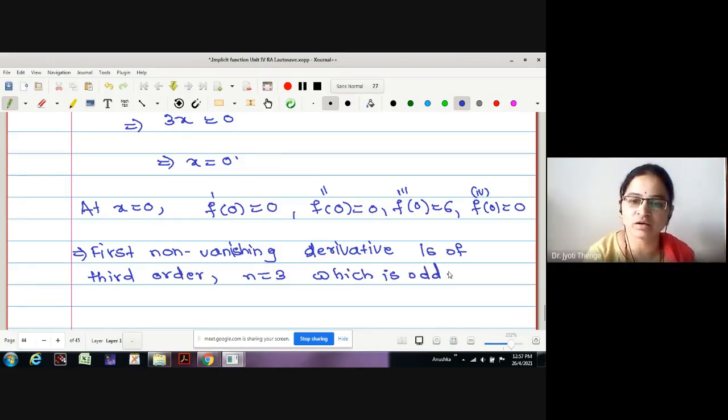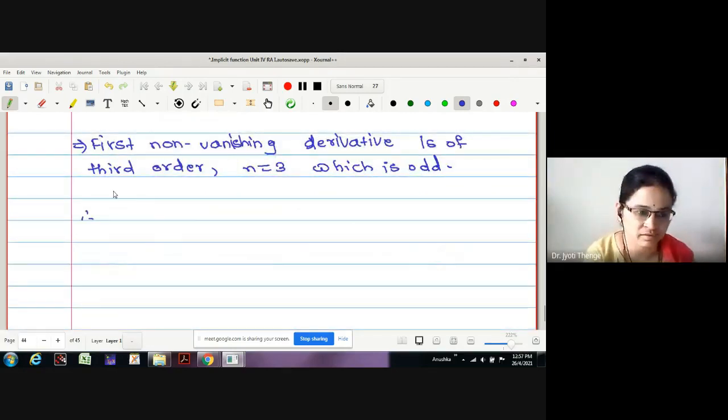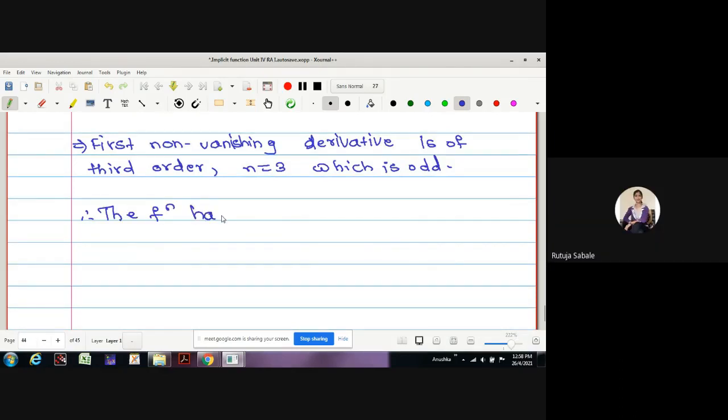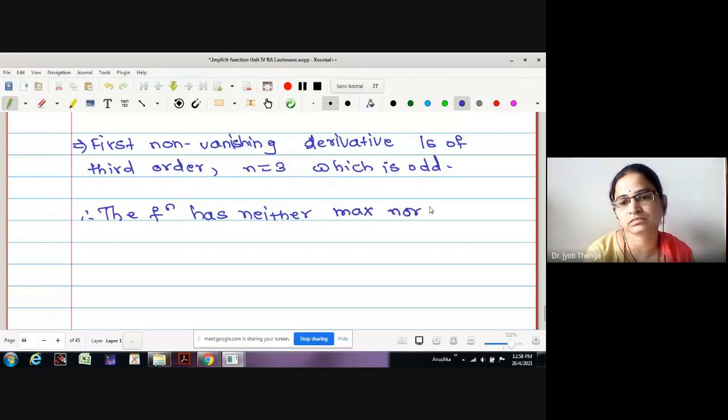If n is odd, the function has neither extrema, either maxima or minima. Right? I hope you can solve the remaining examples now.